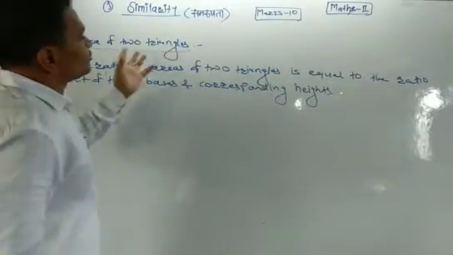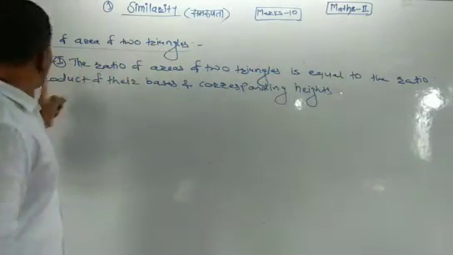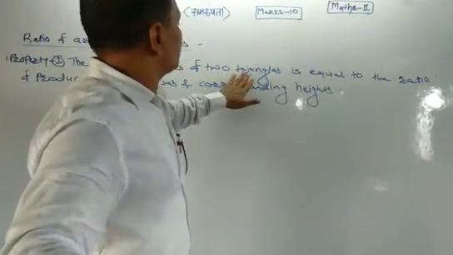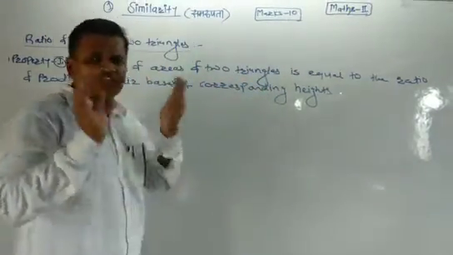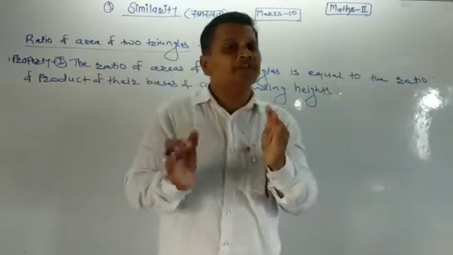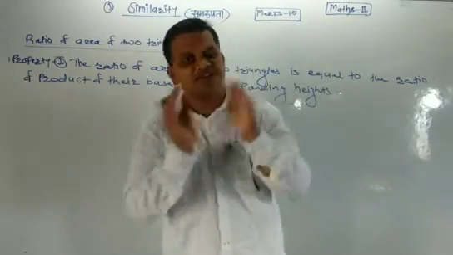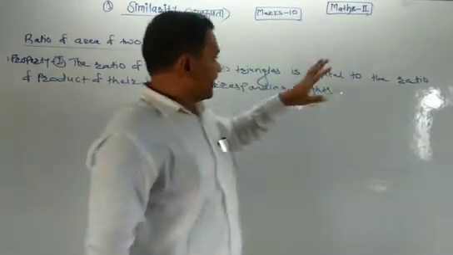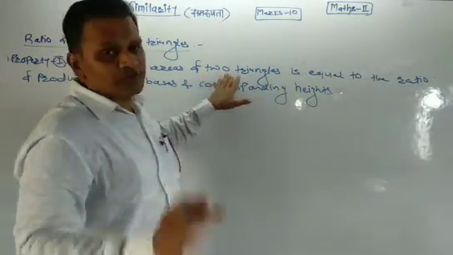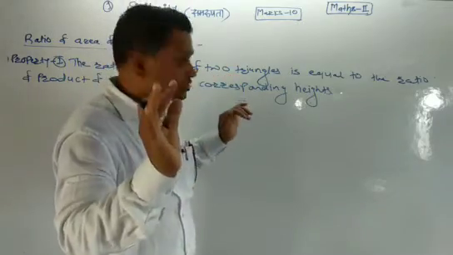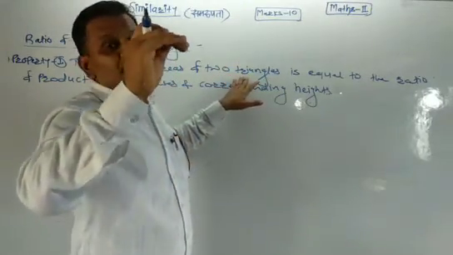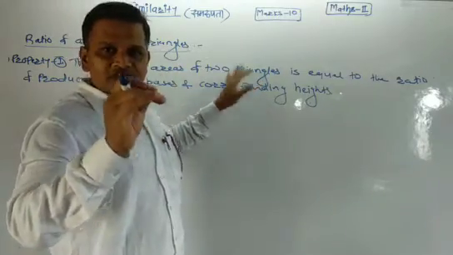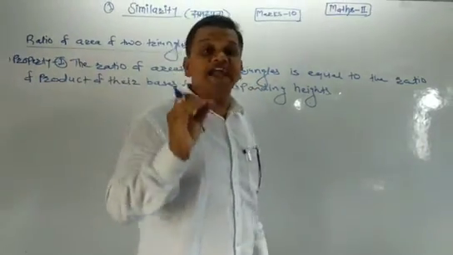Ratio is nothing but the comparison of two variables by division. To find the ratio of areas of two triangles, we must know the area, and for that we must know the base and height of the two triangles.